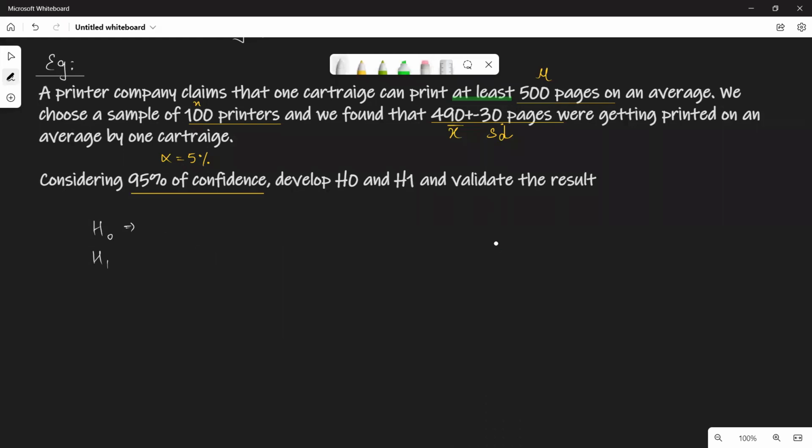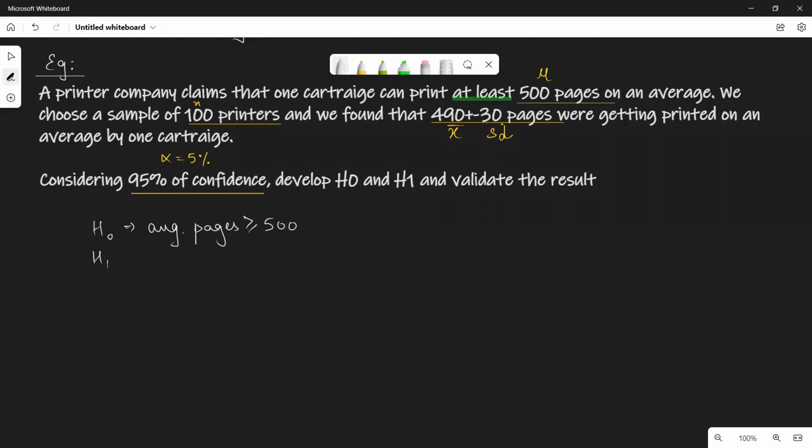So H0 will be that the average number of pages is... sorry, not less than. At least 500, meaning 500 or more than 500. So not less than, greater than or equal to 500.